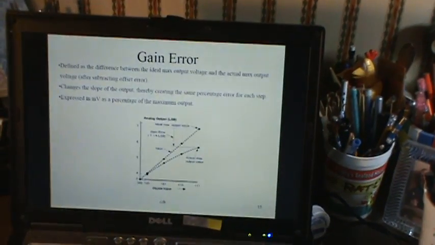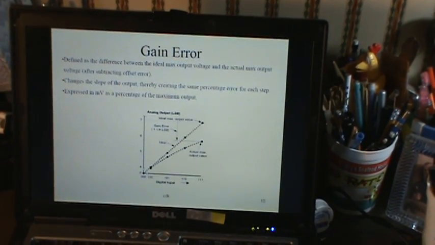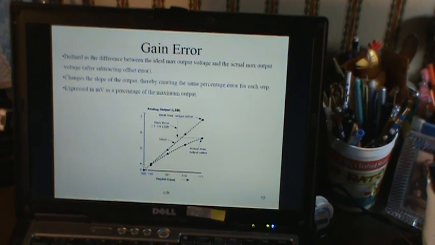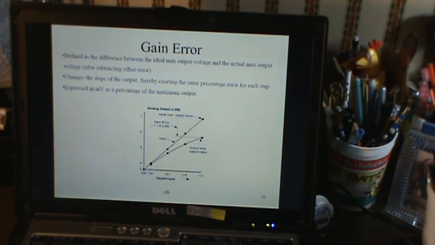Okay, got that. The next definition we want to look at is the gain error. And in the discussion we had in class, we see the gain error is defined as the difference between the ideal gain and the actual gain after you subtract the offset error. So we're concerned here about the slope, and if I look at the plot we have, we start out at an input of 0 and we go to 7, so that's 1, 2, 3, 4, 5, 6, 7, 8 steps, right?